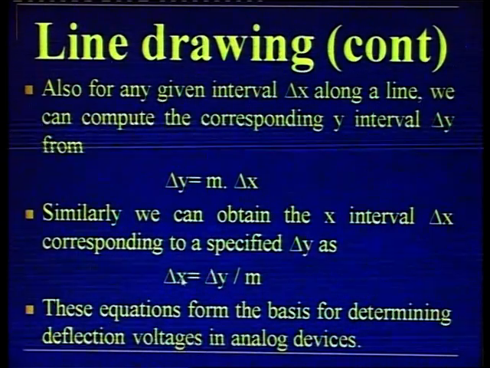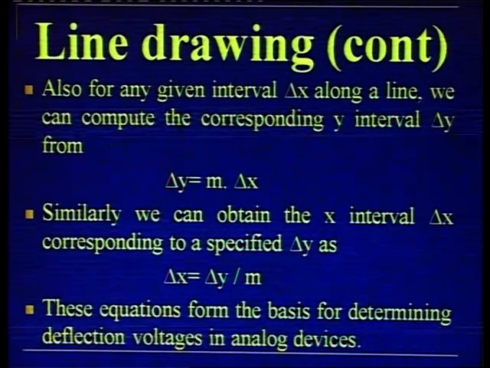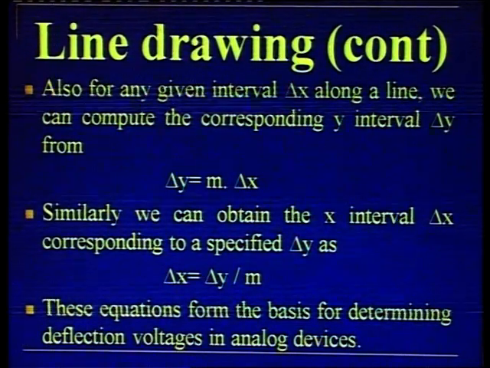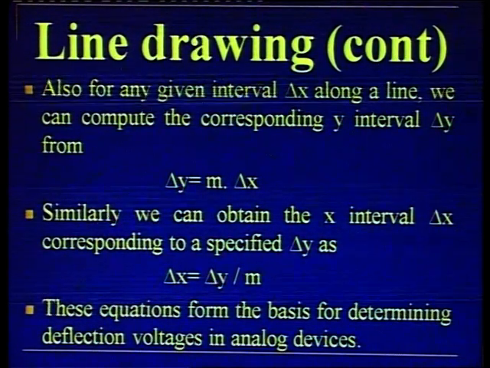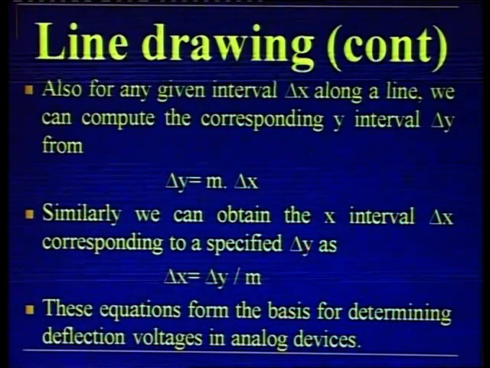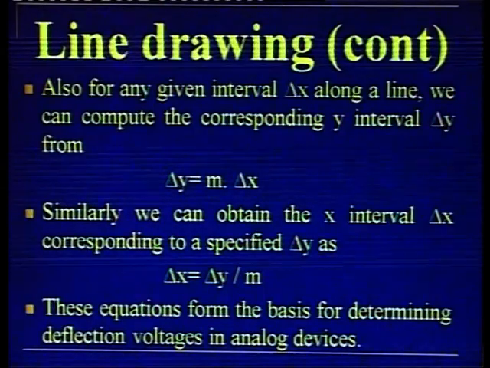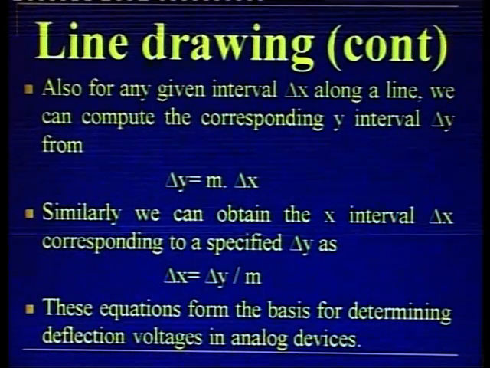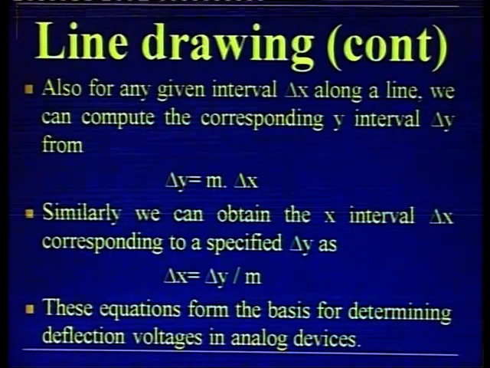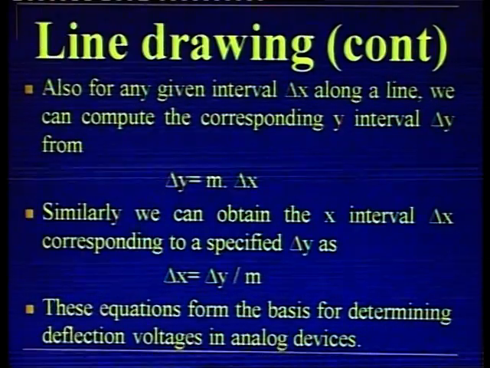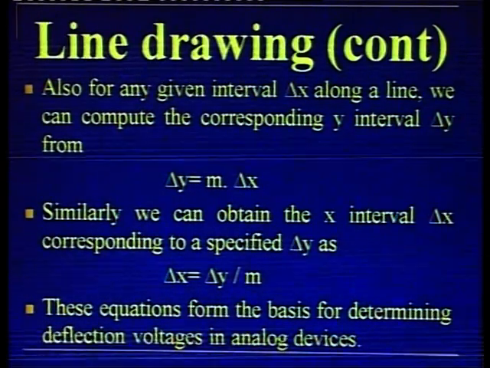Also, for any given interval, that is delta x along a line, we can compute. If we know the value of delta x from xk to the next xk plus 1, there is a change in the value of x, that is known as delta x. If we know delta x along a line, it means we know the x coordinate values on the whole line segment.